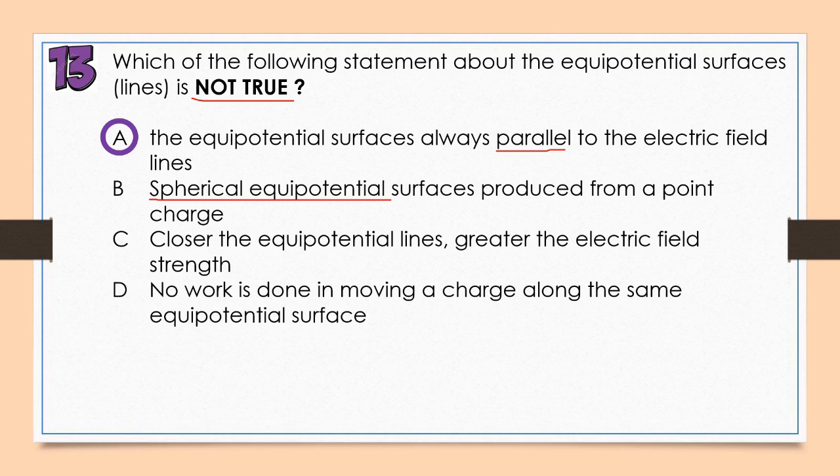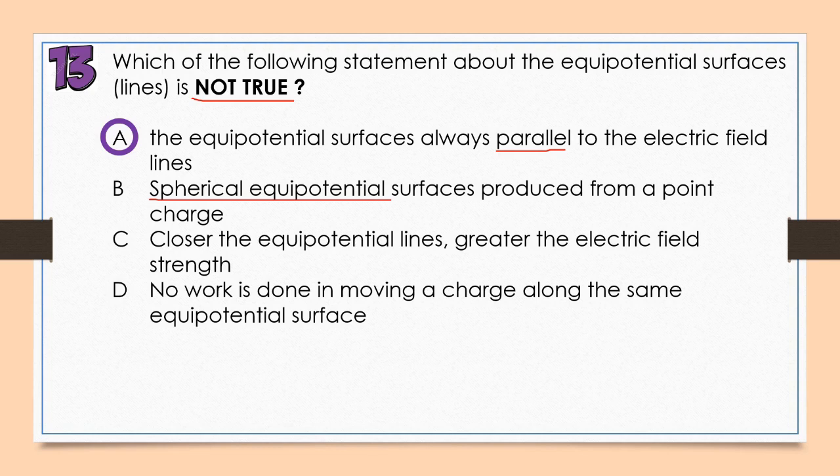For choice C, the closer the equipotential lines, the greater the electric field strength. It is correct, right? The line that is nearer to the point charge is closer to each other. So at that point, the electric field strength is greater.